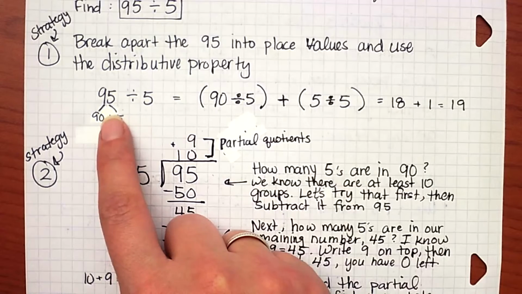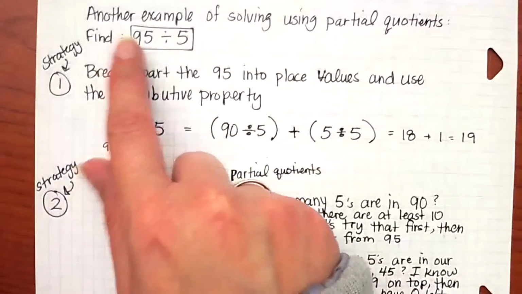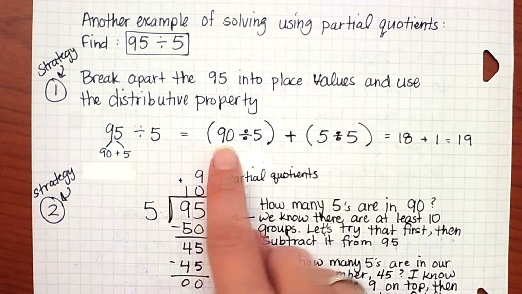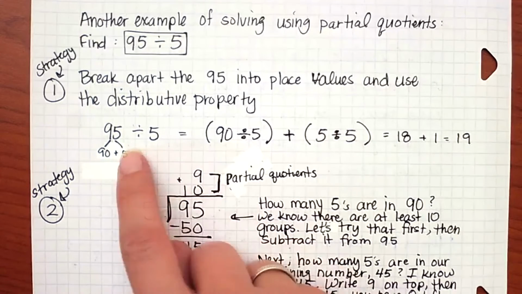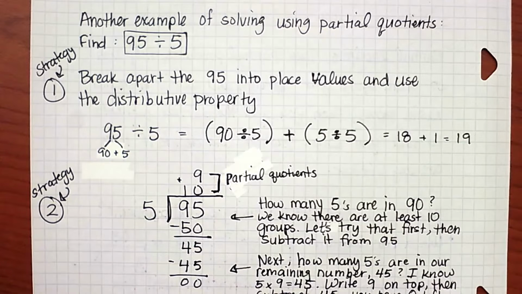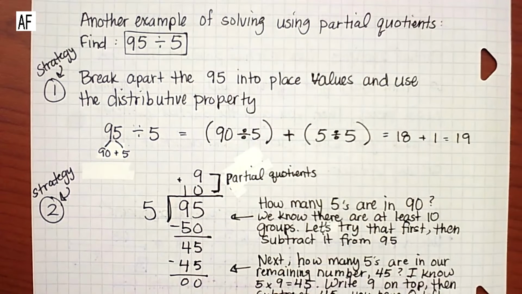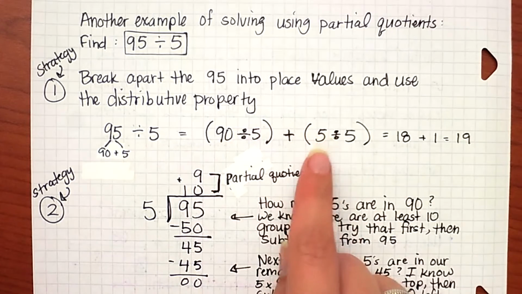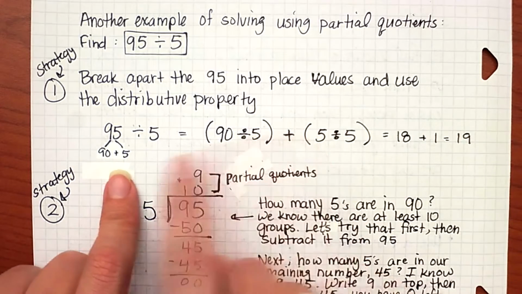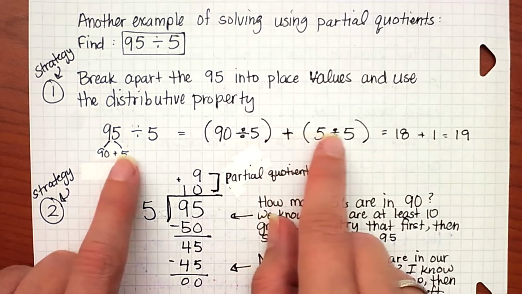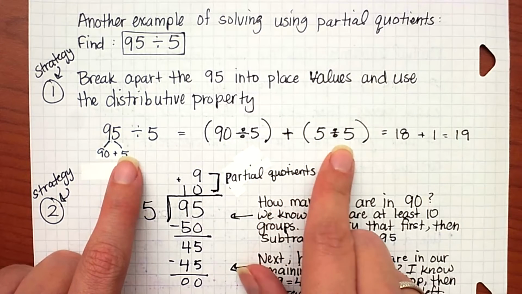If I had, for example, to find 95 divided by 5, I'm going to use the distributive property here to distribute 95 into 90 and 5. So I'm taking that 95 and breaking it apart into these two different parentheses. So 95 divided by 5 becomes 90 divided by 5 plus 5 divided by 5.